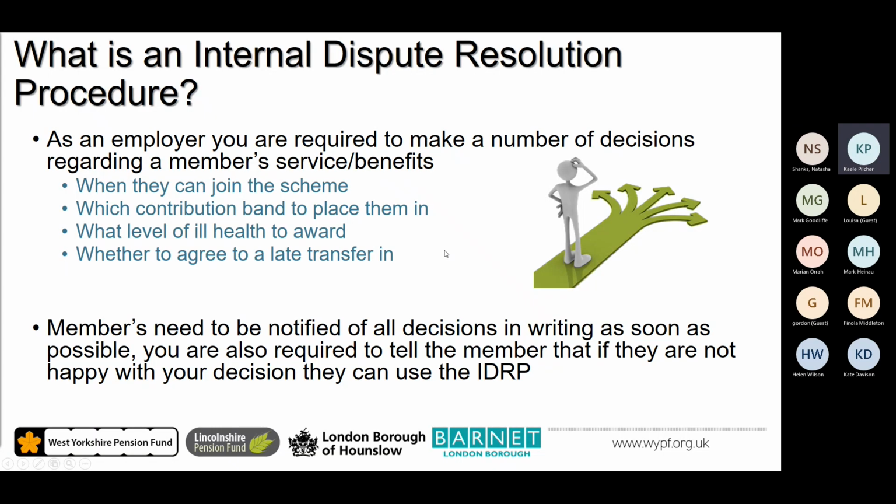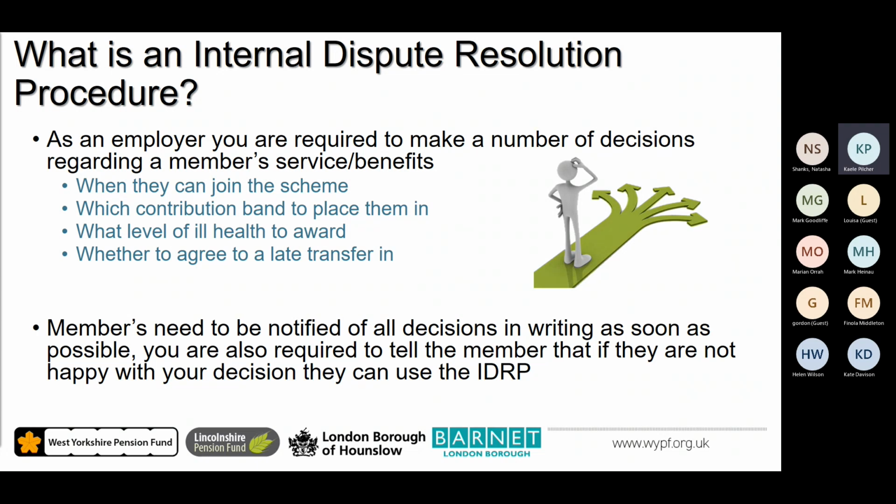Right, so what is the internal dispute resolution procedure? I hear you say. Well, as an employer, you are required to make a number of decisions during the course of employment regarding the members' service or benefits. So things like when can they actually join the scheme?